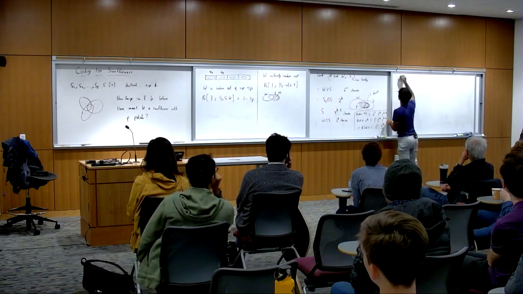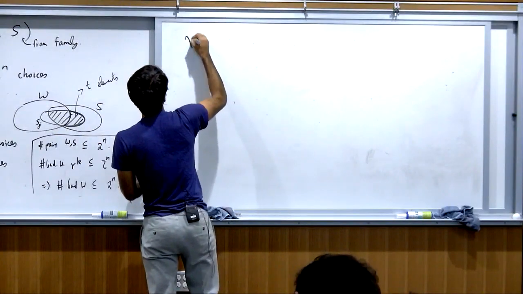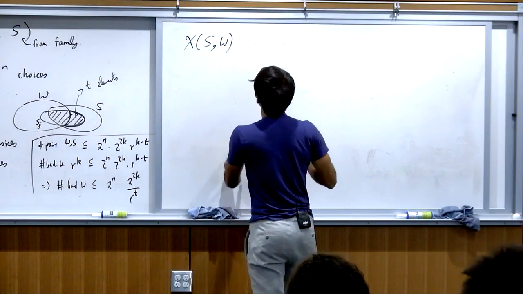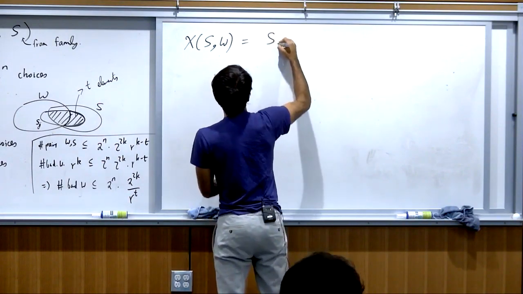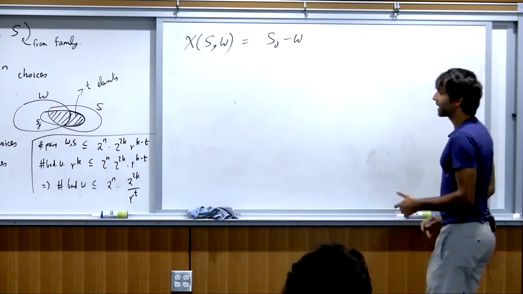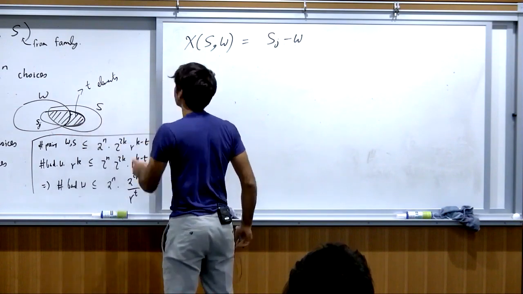Given an arbitrary set W and S from the family, let's define chi SW to be this set. It's going to be a set of the Sj minus W, where Sj is chosen exactly so this area is minimized.